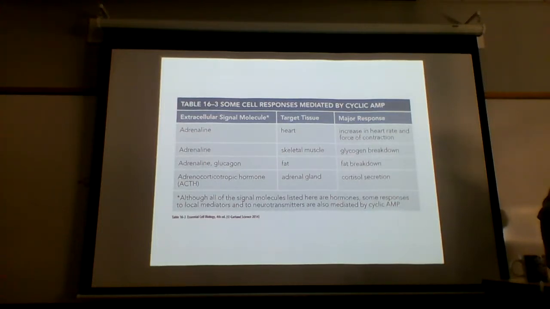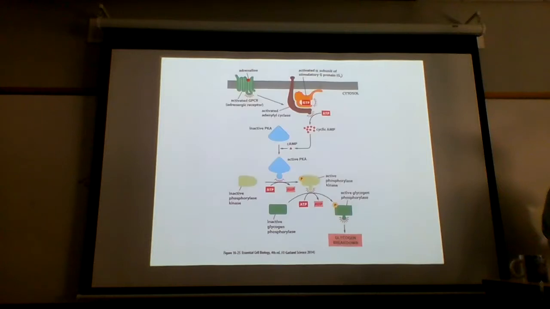Adrenaline is able to also initiate a long-term kind of food source by breaking down fats. And adrenocorticotropic hormone is actually one of the hormones that acts to cause secretion. And so it is secreting cortisol, and this is going to be then sort of a fast response that leads to a much slower long-term response.